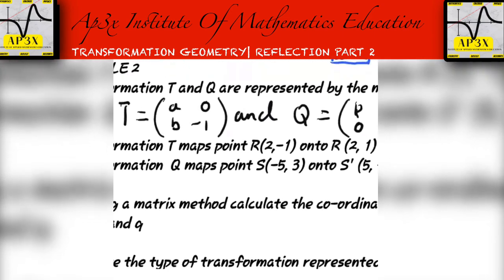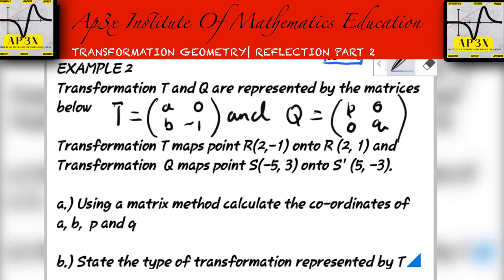Let's look at example 2 then, where we're actually looking for the transformation matrix perhaps. So it says here in example 2, transformations T and Q are represented by the matrices.